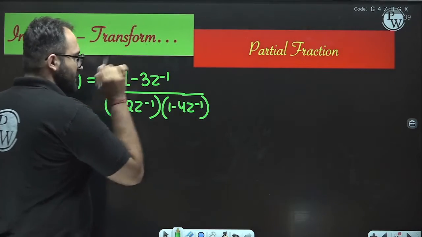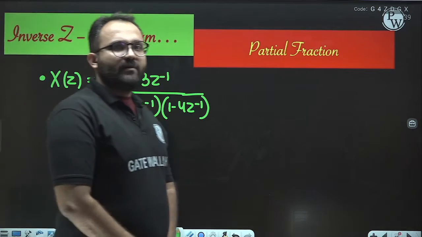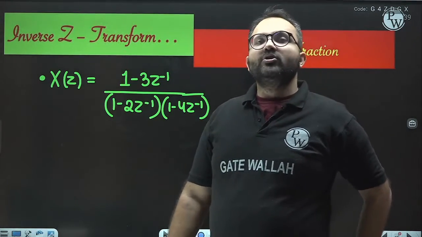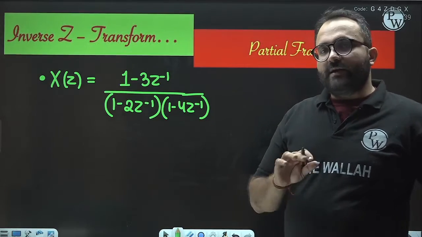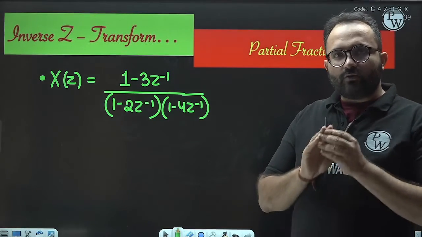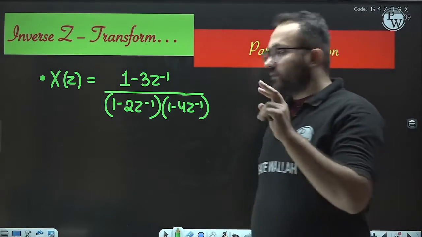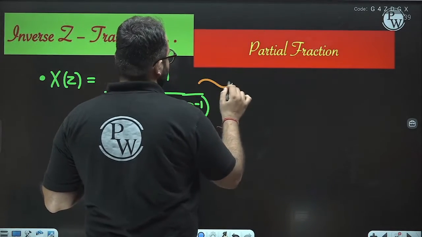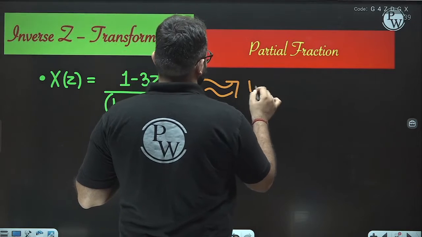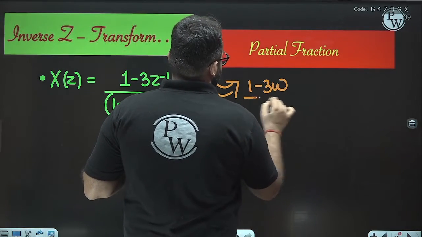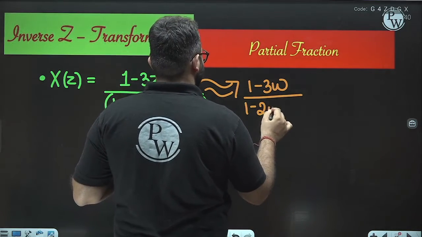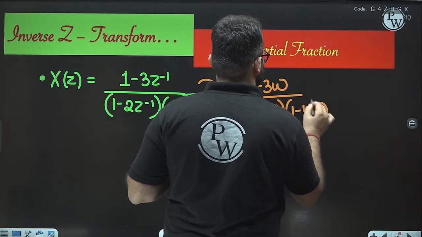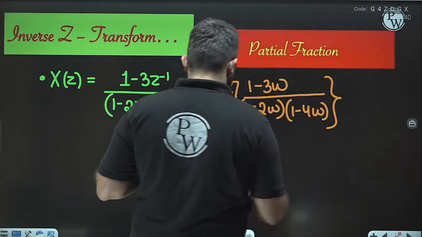In the Laplace transform we saw that the variable is s, but it doesn't matter what the variable is. For ease of analysis, just replace z inverse by w. So we have 1 minus 4w in the denominator.